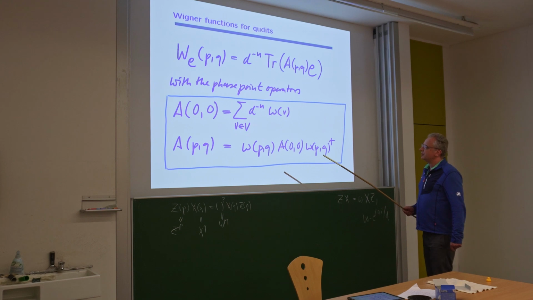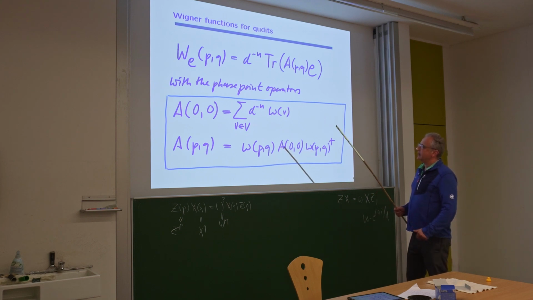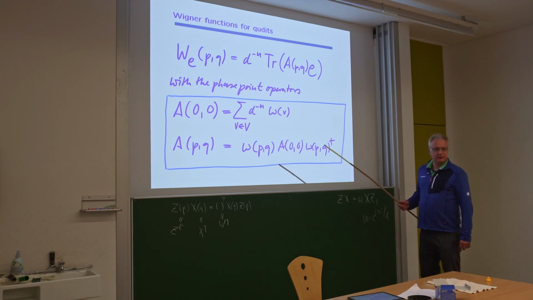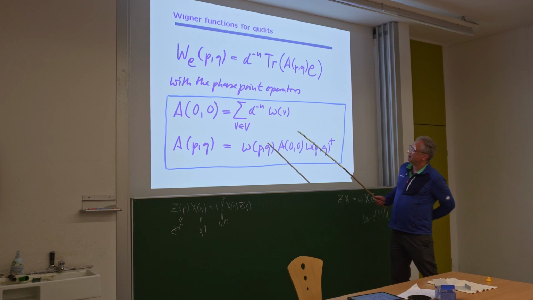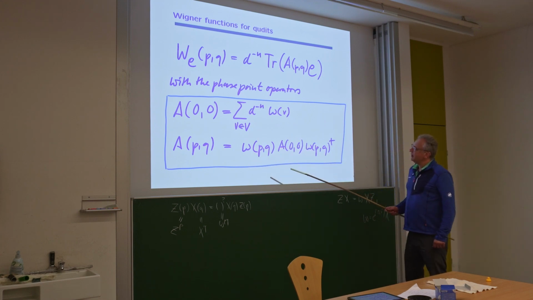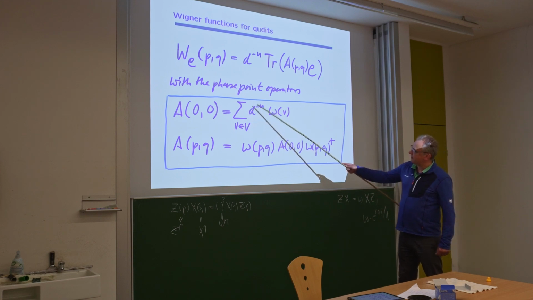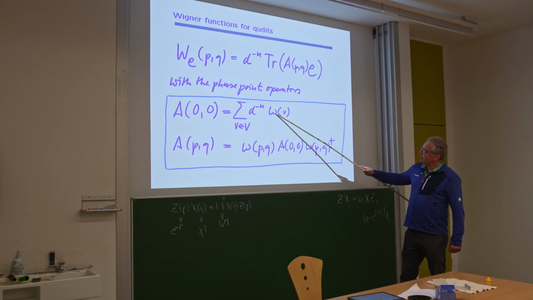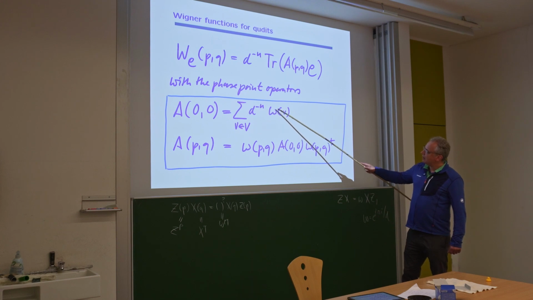In the end, this will lead to the fact that the Wigner function summed up over all phase space points gives 1 for every density matrix rho. Okay, so now what we are doing, modulo that normalization factor, is just adding up with the same phase and weight all the Weyl operators.